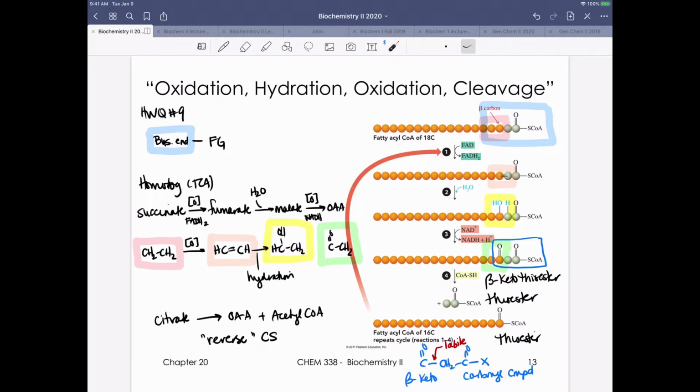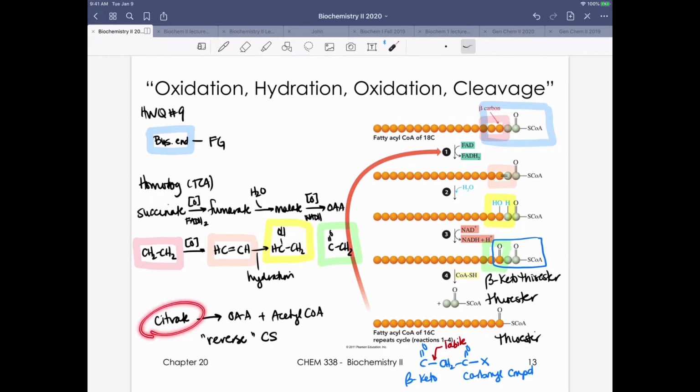That's a really important thing because anytime we've got a beta keto carbonyl containing compound, the bond between that alpha and that beta carbon is what we call labile or easily broken. We're going to look at this mechanistically on the next slide here. But basically, we're going to be breaking and doing carbon-carbon bond cleavage chemistry here. What we're going to look at to see that chemistry is thinking about reversing the chemistry that we see with citrate synthase.